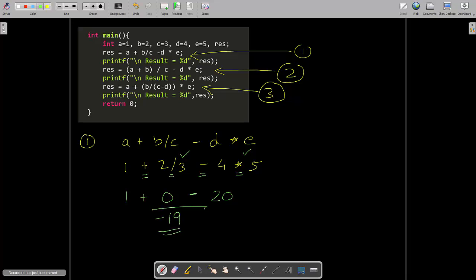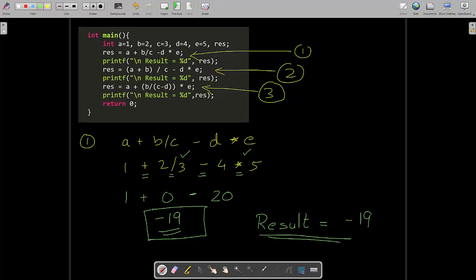So this is the output of my first expression. At this stage your output will be something like this: result is equal to minus 19. Okay, so this is my first output.